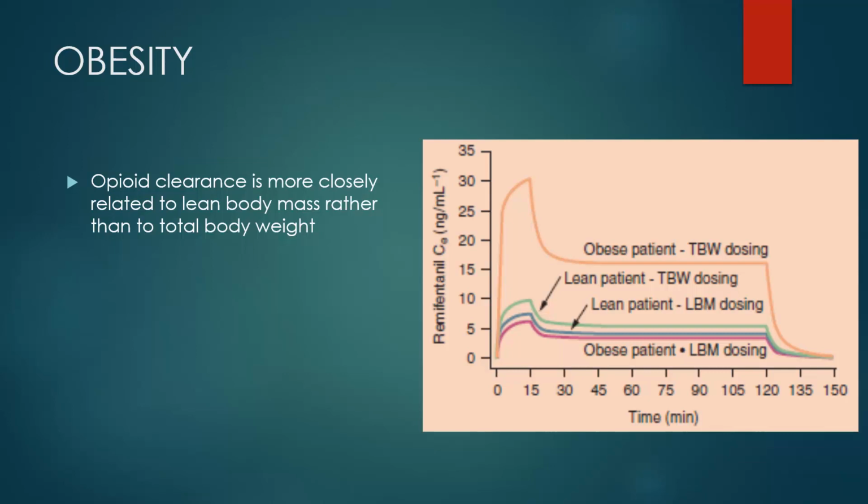For example, as you can see in the figure here, the total body weight based dosing scheme, here in orange, results in much higher remifentanil effect site concentration than dosing calculation based on lean body mass, which you can see here in purple. And in contrast, for lean patients, the total body weight and lean body mass dosing schemes result in the same concentration. So for a lean patient, it doesn't matter, but for obese and morbidly obese patients, you should use lean body mass for dosing.